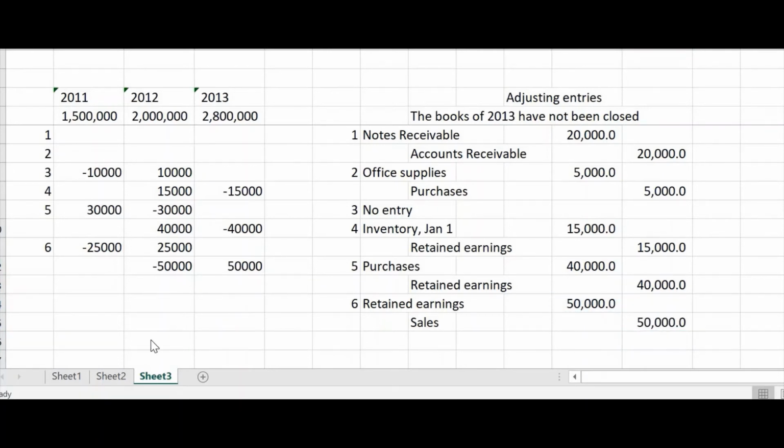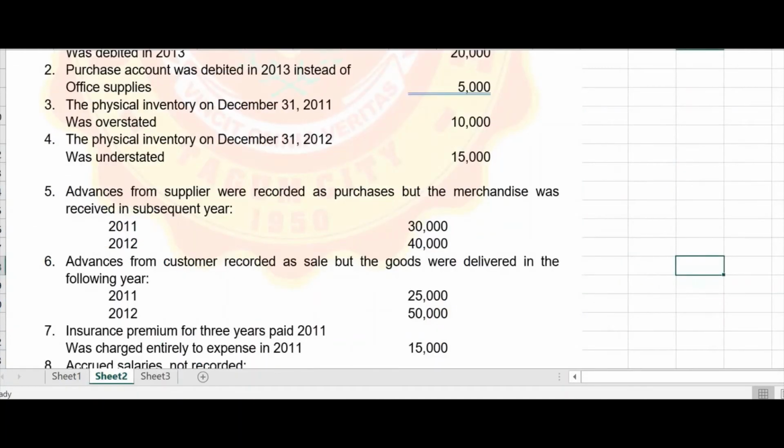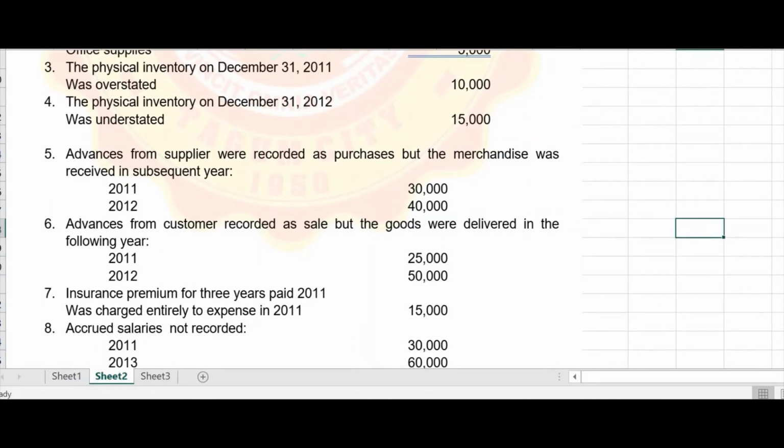Okay, so let's have our number 7. Insurance premium for 3 years paid in 2011 was charged entirely to expense in 2011. So supposedly, dapat for 2011, 2012, and 2013, expense mo is 5,000 each year. Ang nangyari, you've expensed it entirely on 2011.